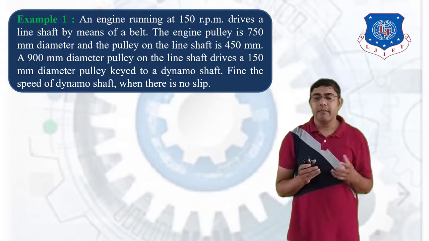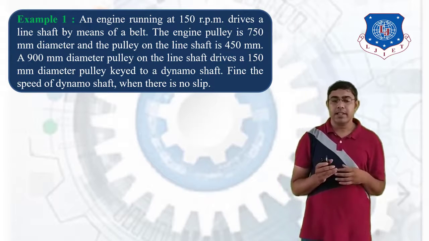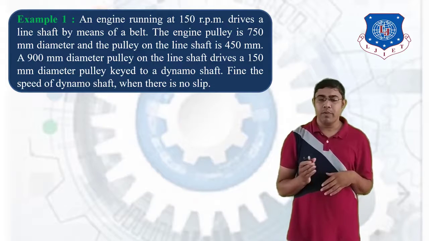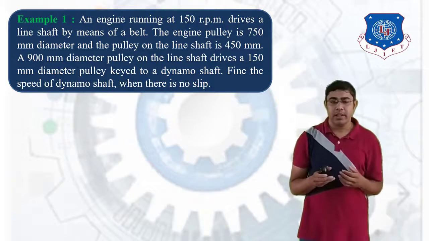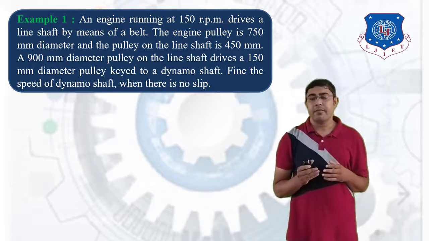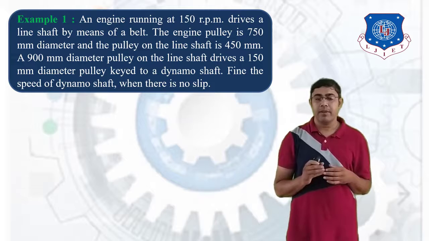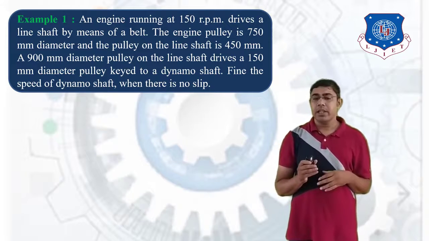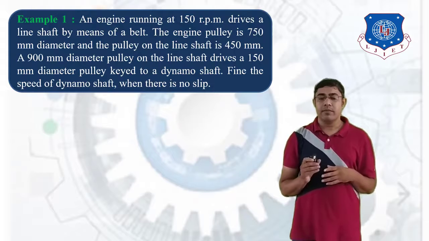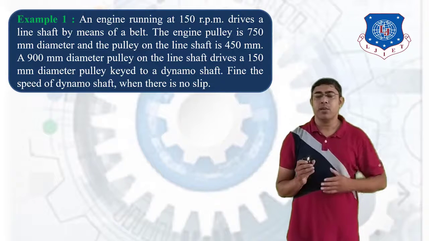So here the diameters of the pulleys are given, that is 750 mm for the engine pulley and 450 mm for the shaft pulley, and a 900 mm diameter pulley on the line shaft drives a 150 mm diameter pulley keyed to the dynamo shaft. Find the speed of the dynamo shaft when there is no stretch.